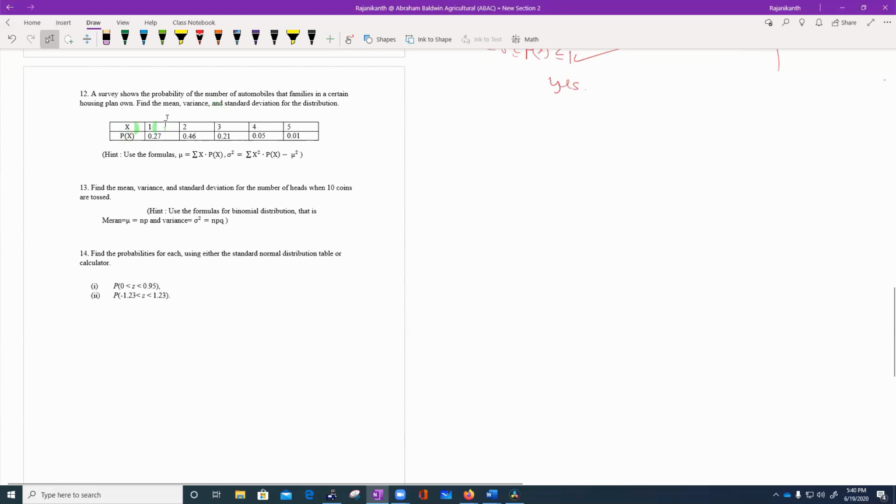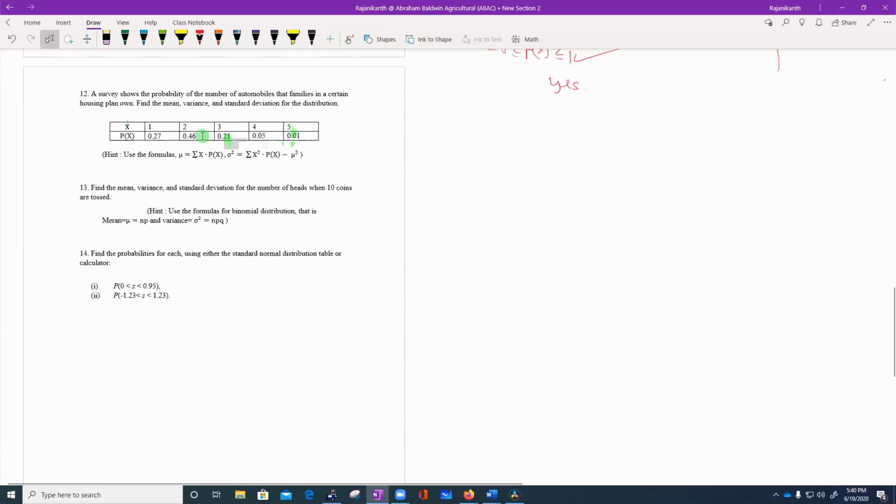Remember, this table describes how you have distributed your probability values among all possible x values. So your variable x now may have 5 different values, 1, 2, 3, 4, 5. The probability of each value occurring is given here, right? You know the probability for each individual.